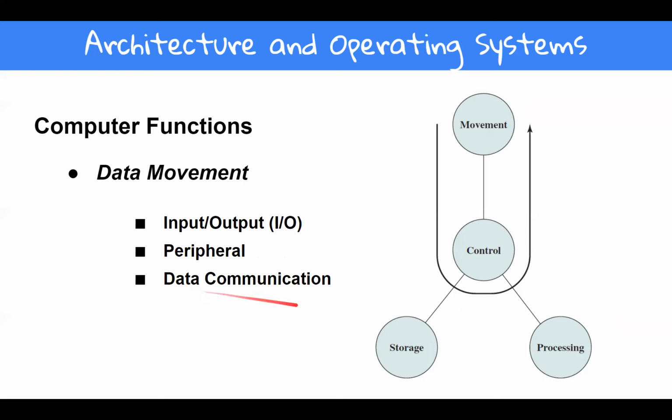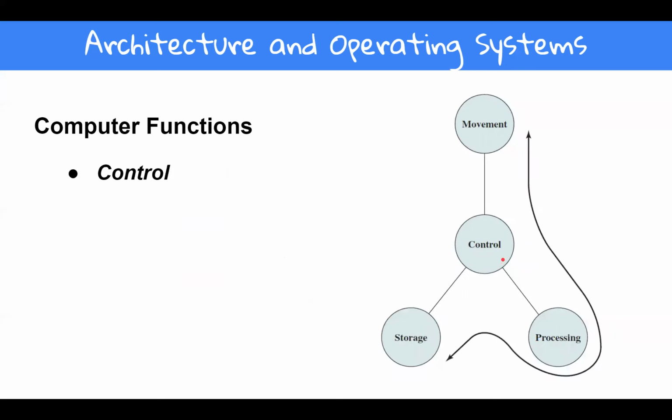And also, we've got data communication, internet, all of them happens here in the data movement function of the machine. And again, we must have control in the middle to be able to control all of these operations. Control unit, the most important part that actually handles the data movement, timing, everything between these four components of the machine.